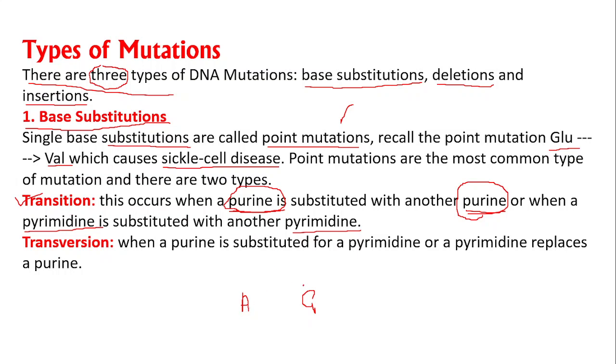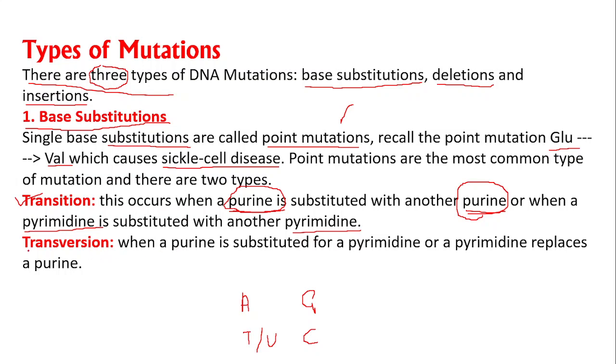If A is replaced by G or G is replaced by A, or else T or U is replaced by C, then it is called the transition type of mutation.